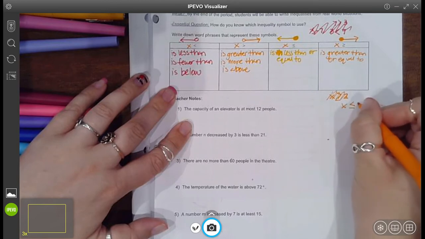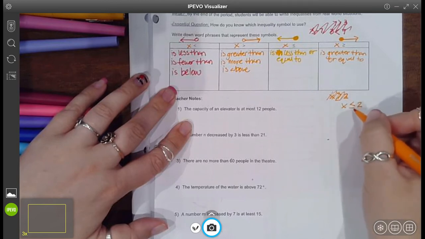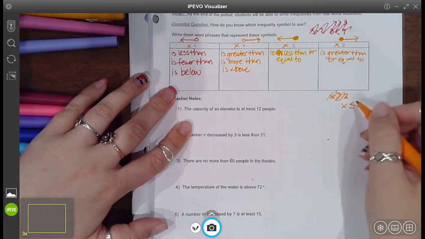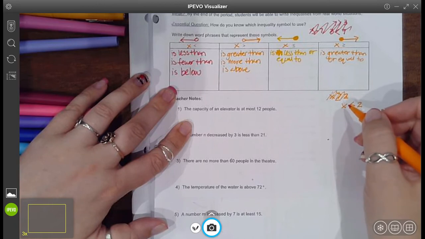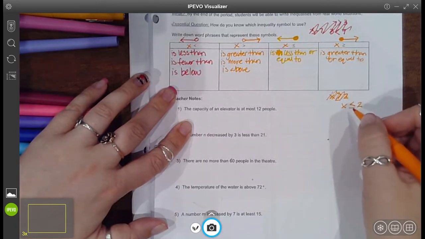a less than or equal to sign, because 2-year-olds, they get in for free. And then all the values smaller than 2 get in for free to Disneyland, right? So 1-year-olds, babies, they get in for free. But the direction said no more than.